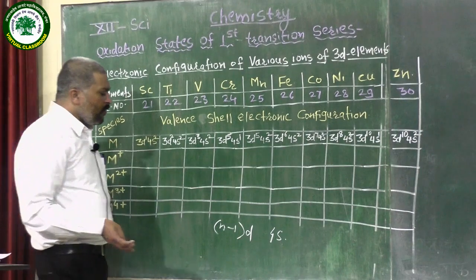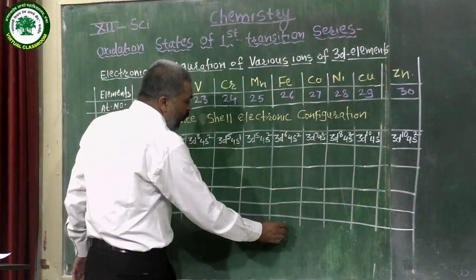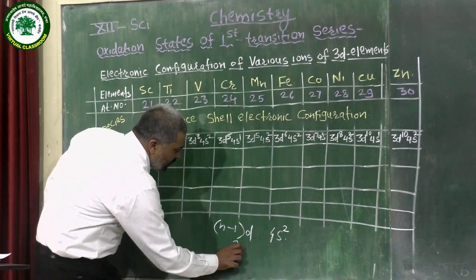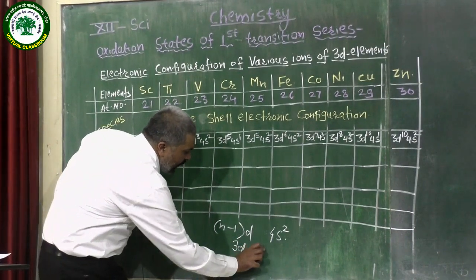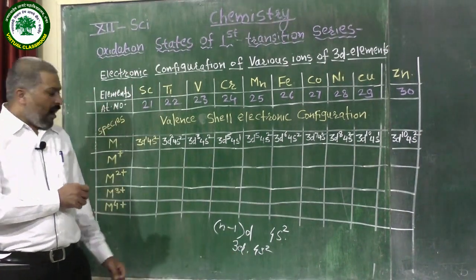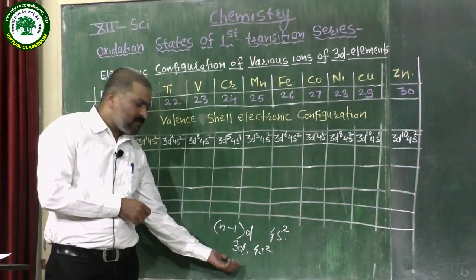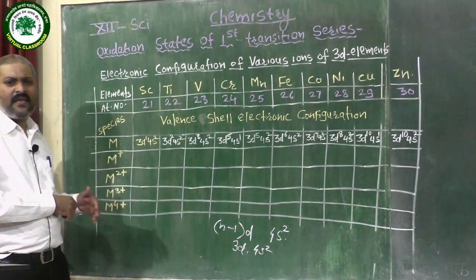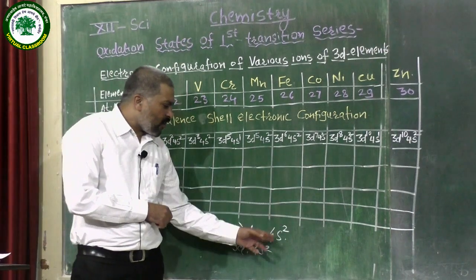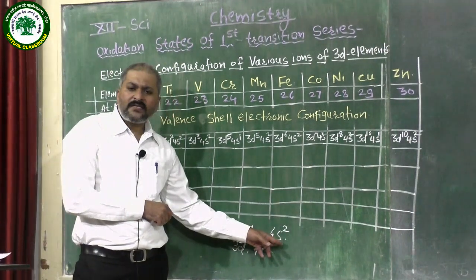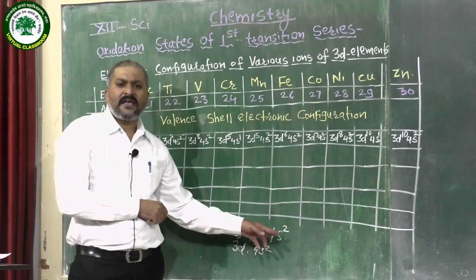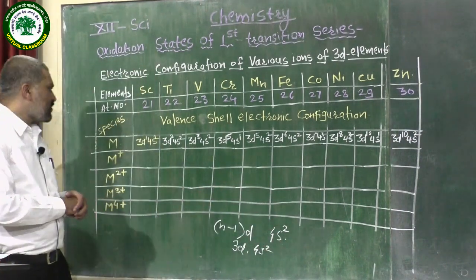First, electrons from the 4s orbital take part in the bonding, and after the 4s electrons, the 3d electrons take part in the bonding, mostly the unpaired electrons. When one electron from 4s is lost, it converts to M+, the monopositive oxidation state.